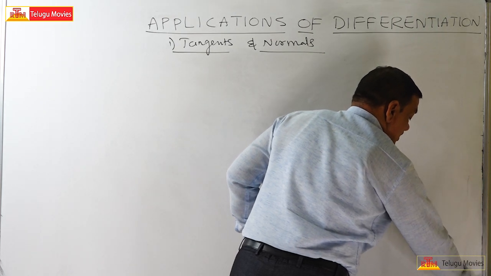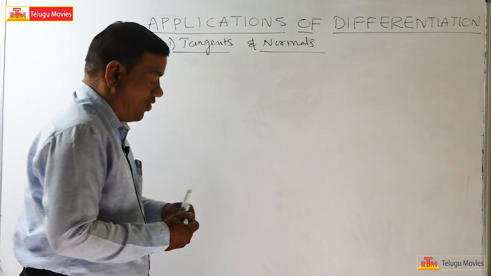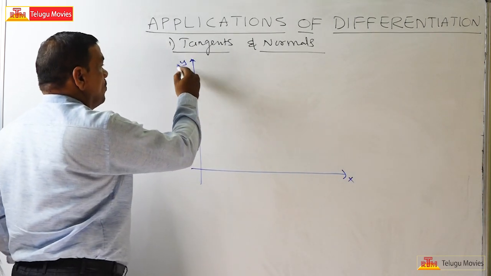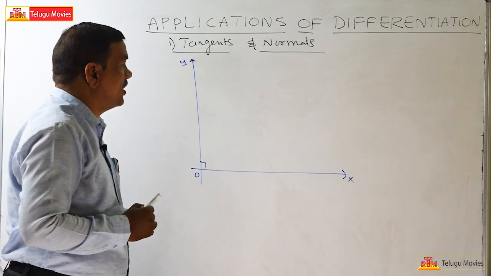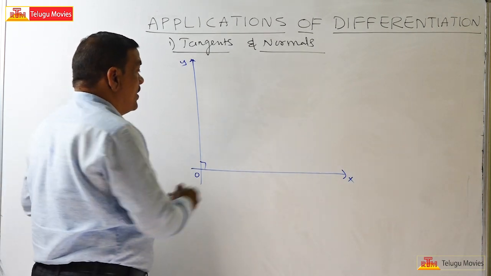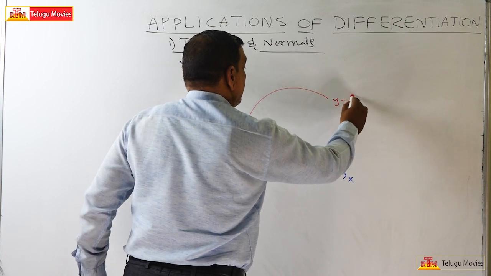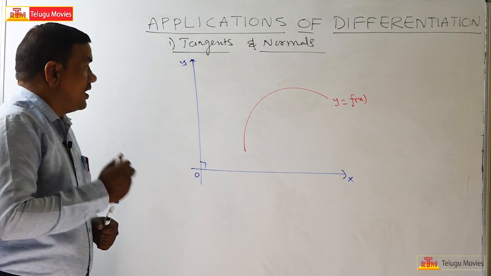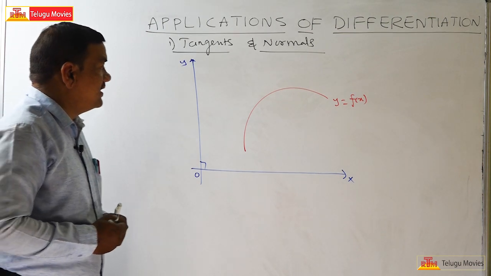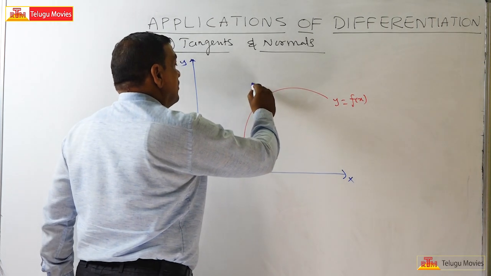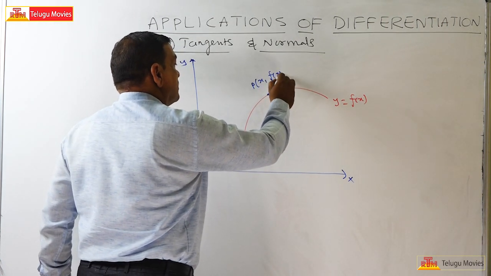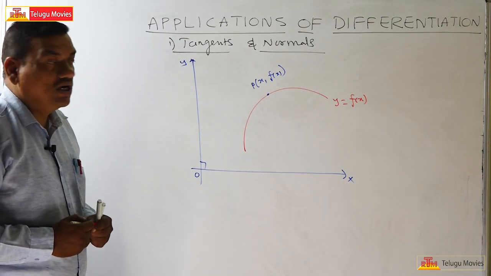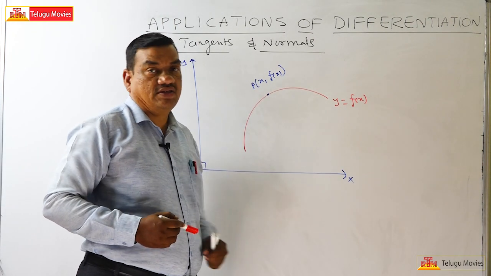Let us consider a curve y = f(x), with the x-axis and y-axis and the origin. Let P(x, f(x)) be a point on the curve, where y is f(x).